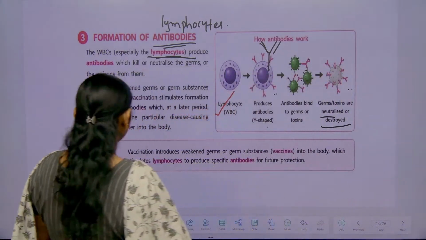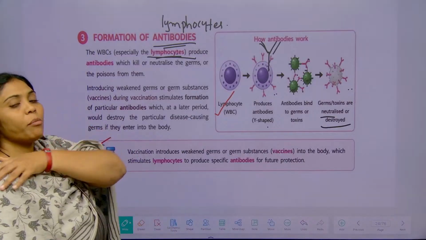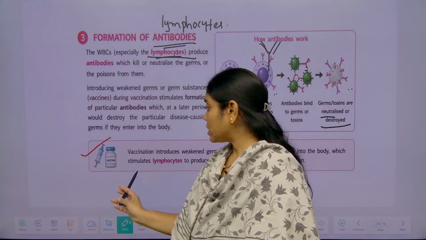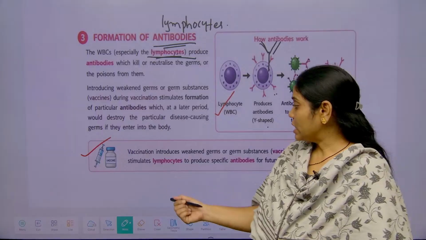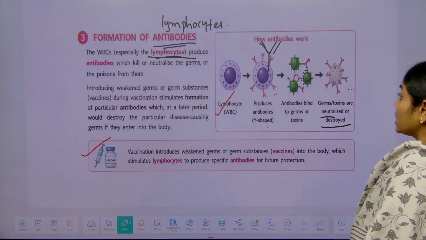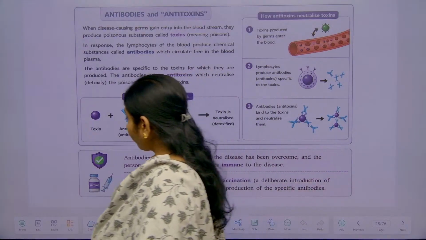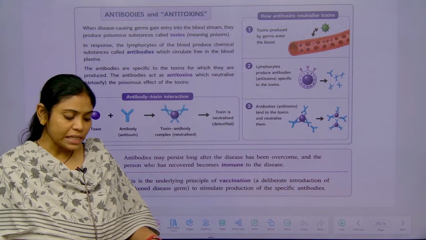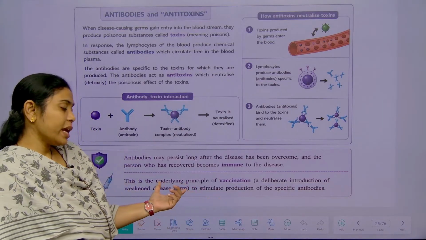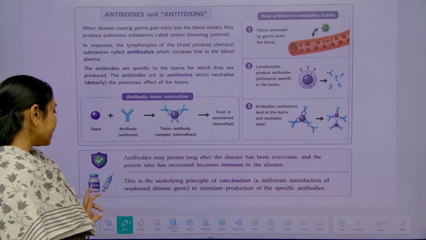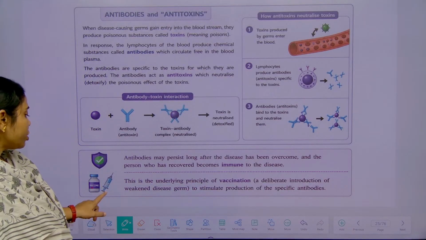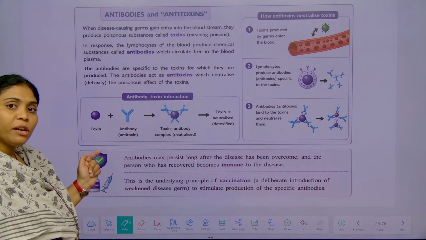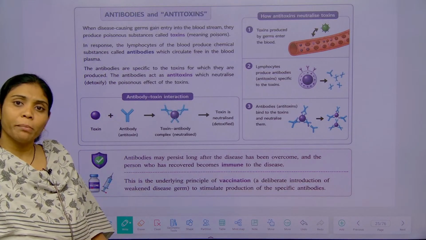Formation of the antibodies. I think you might have experienced vaccines, right? In 2020, in the corona time, everybody took this vaccine. What does this vaccine have? We will see in the next slide. In the vaccine, a paralyzed or dead microorganism or virus can be present. Through the injection, those paralyzed germs or virus are injected into a healthy human being.